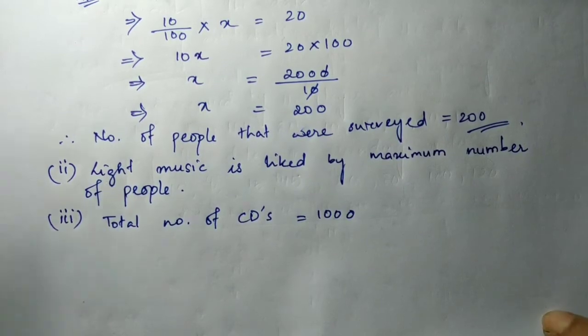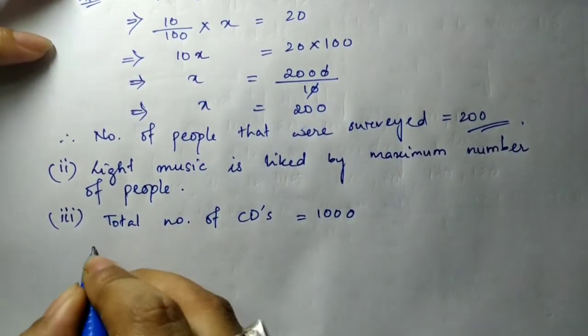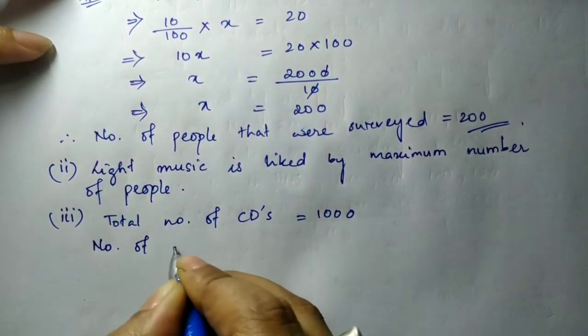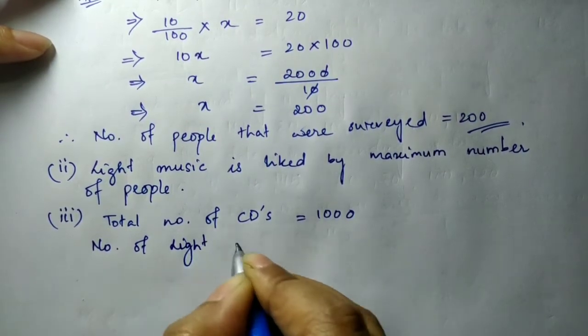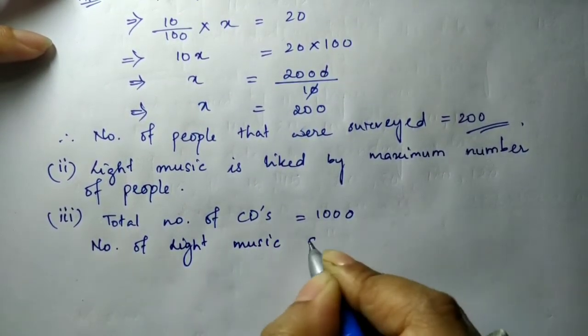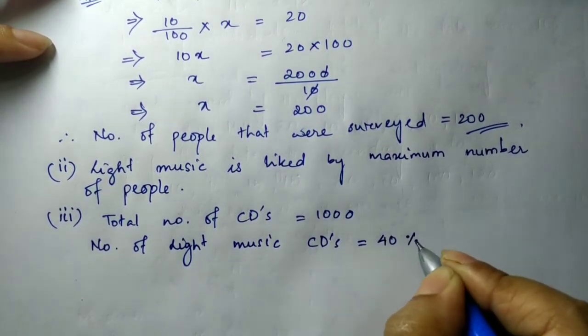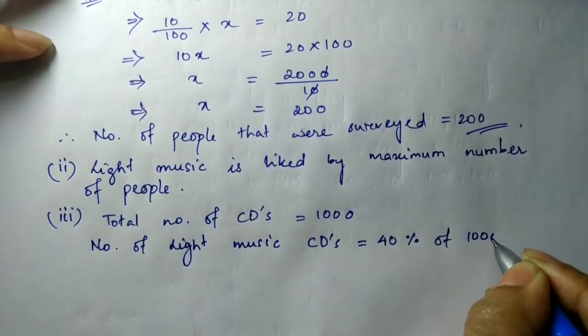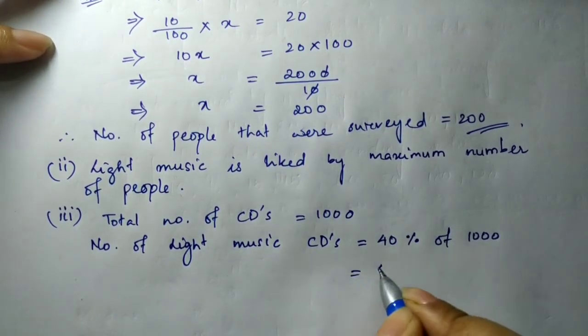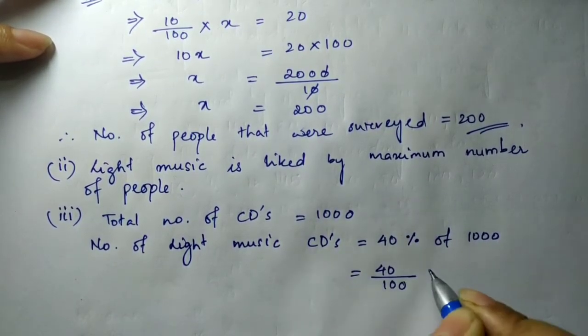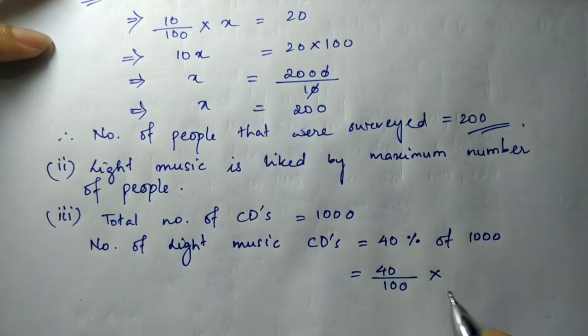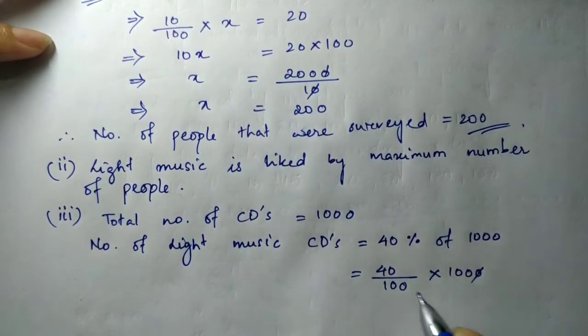Let's take one by one. The number of light music CDs will be equal to, light music was given as 40%, so 40% of 1000, because that is the total. So 40 by 100 of 1000. Let's cancel it out. It will be equal to 400.